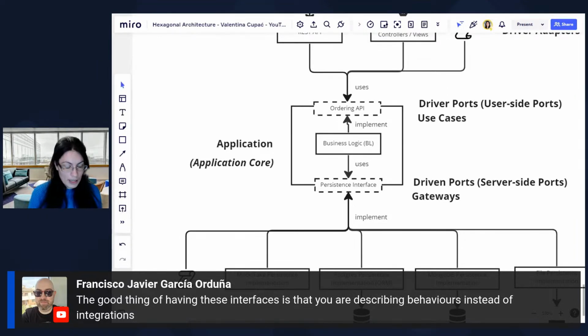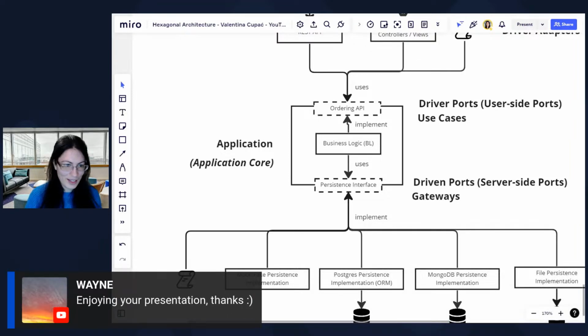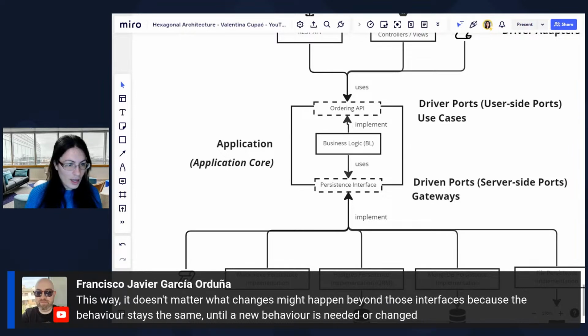The good thing of having these interfaces is that you are describing behaviors instead of integrations. So that's correct. These interfaces help us think about contracts rather than the underlying technology. This way, it doesn't matter what changes might happen beyond those interfaces, because the behavior stays the same until a new behavior is needed or changed.